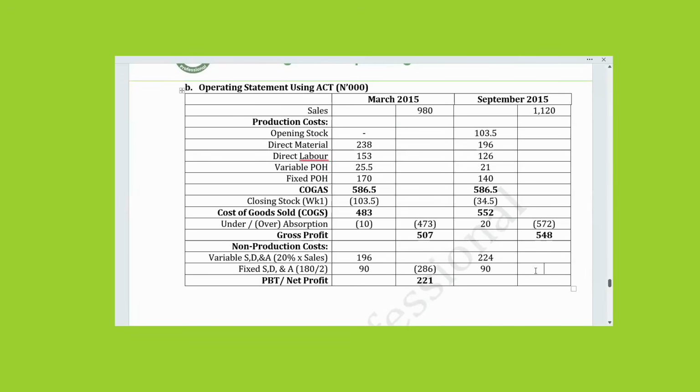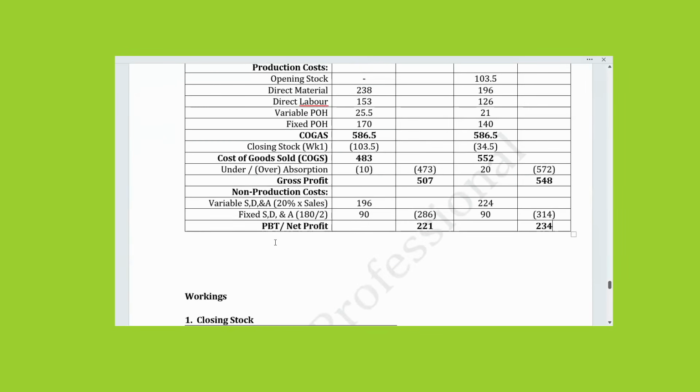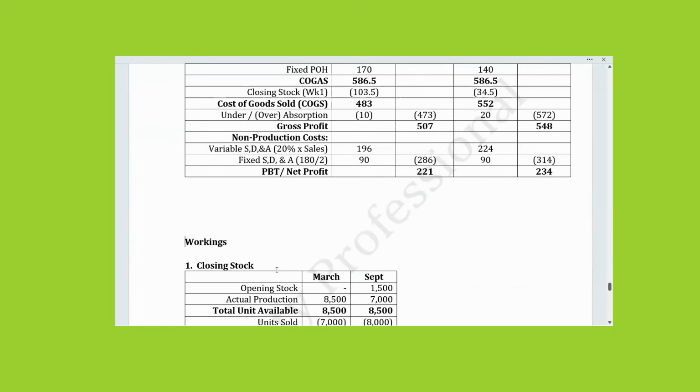So this one will give us 314. So 548 minus 314. What you get? 234. 234. So that's the net profits, or you call it profit before tax, under the absorption costing technique.